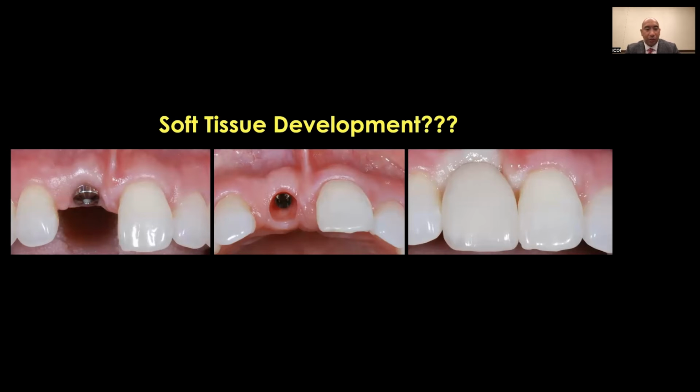So in the old days, I would send my anterior implant cases back to the restorative dentist with just a healing abutment on it, and I would just rely on them to train the tissue and deliver a nice crown.